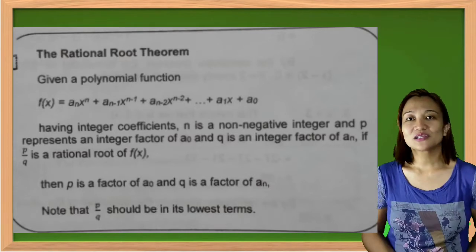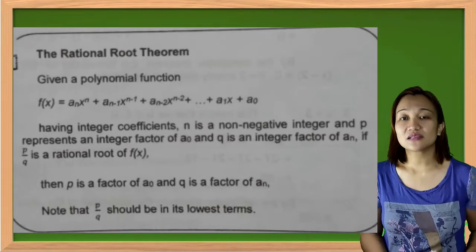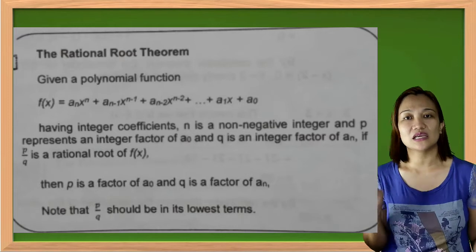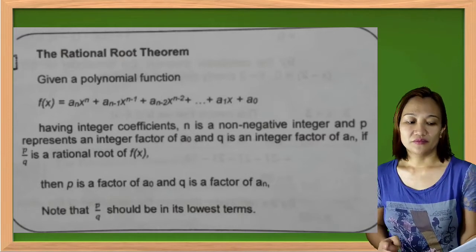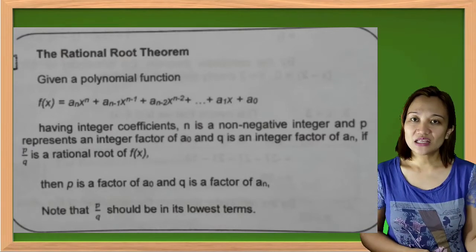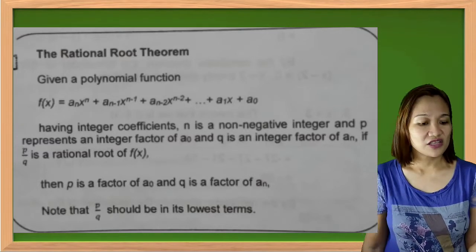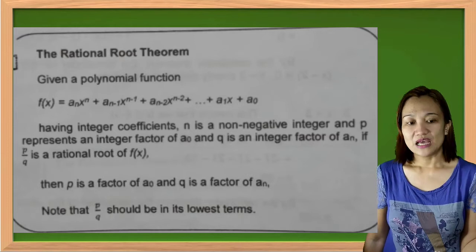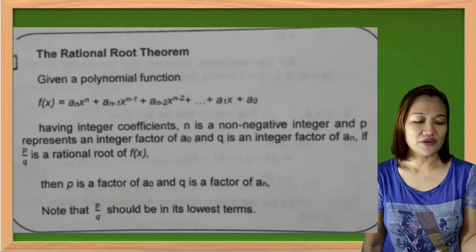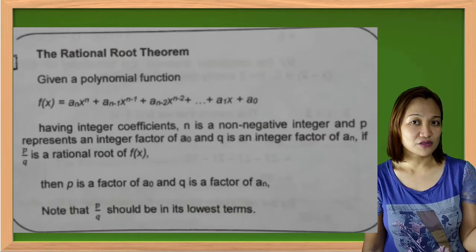Okay? Take note that the given polynomial is in standard form or it is in decreasing form. Having integer coefficients, n is a non-negative integer and p represents an integer factor of a sub 0.